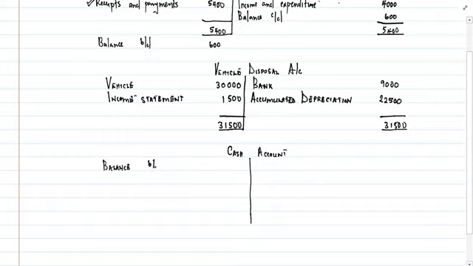There is a balance at the beginning, which is said to be 750. Then we'll put some cash sales there. Right. Then we have some expenses paid in cash.